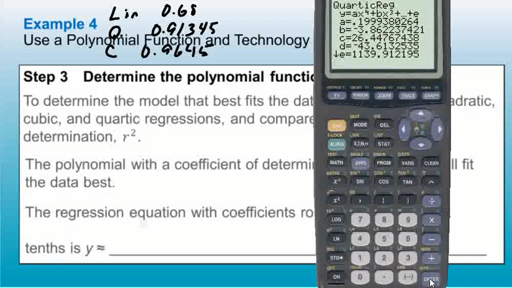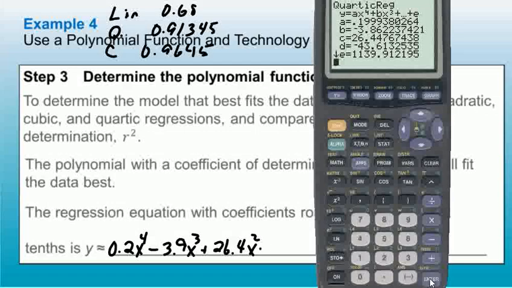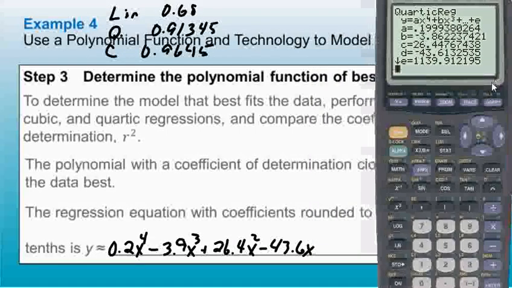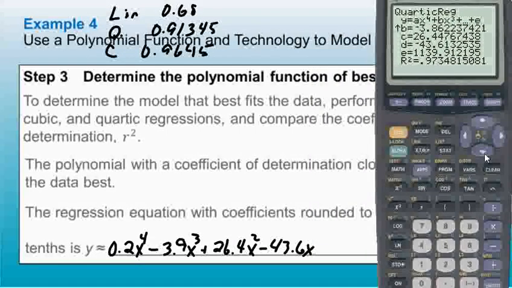So this would be 0.2 x to the 4th minus 3.9 x cubed plus 26.4 x squared minus 43.6 x, plus 1,140.